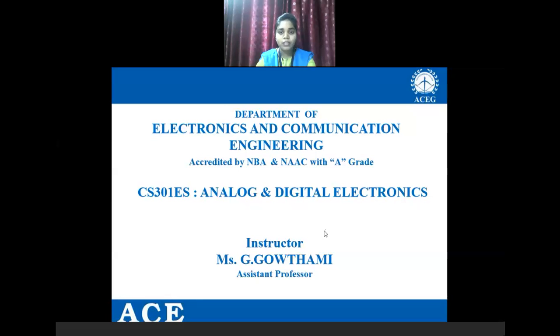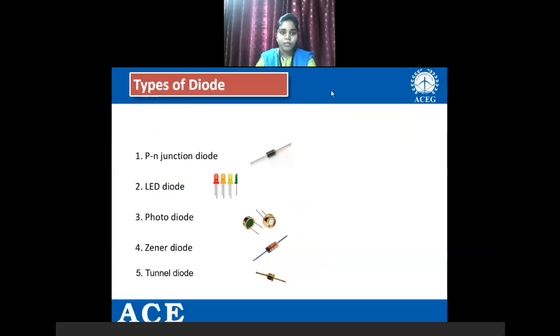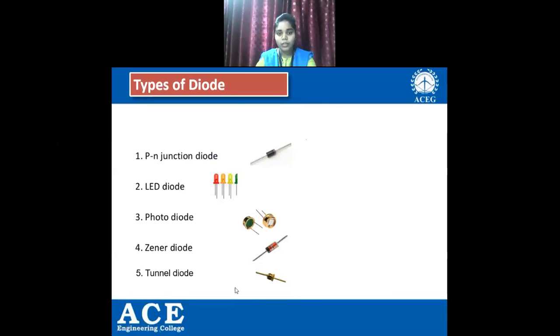Now first let us look into the different types of diodes. Here we can see the different types of diodes: PN junction diode, LED, photodiode, Zener diode, tunnel diode. On the right hand side, we can see how these are going to look in a practical scenario.